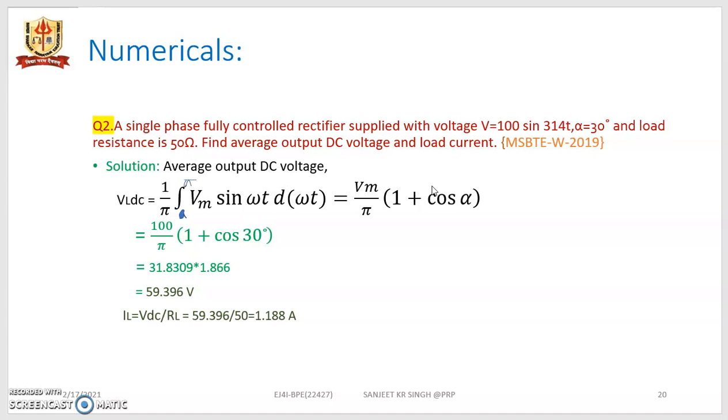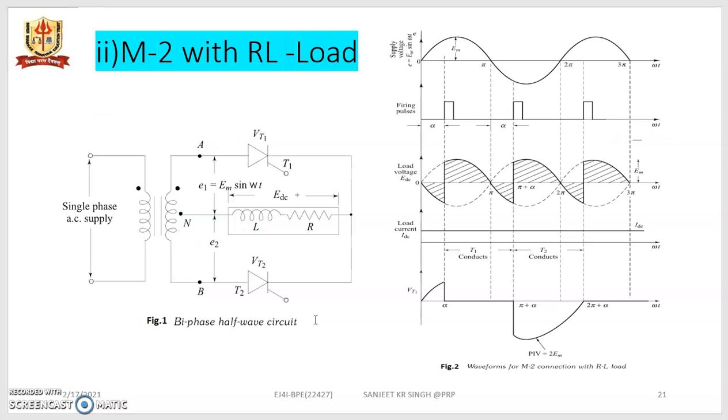Substituting the corresponding values, 100 for Vm and 30 for the firing angle alpha, we get 59.396 volt as the VLDC, and similarly ILDC will be VLDC by RL, that is 1.188 ampere.